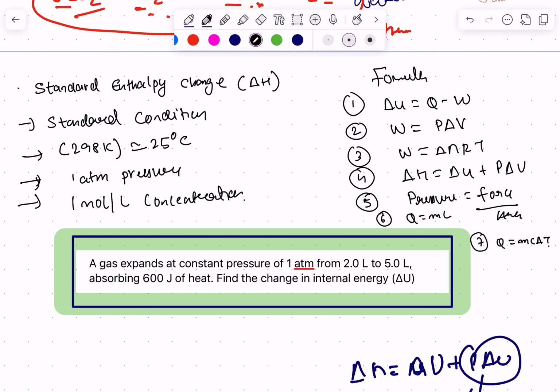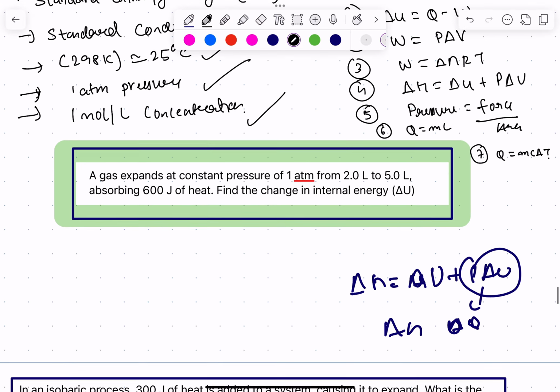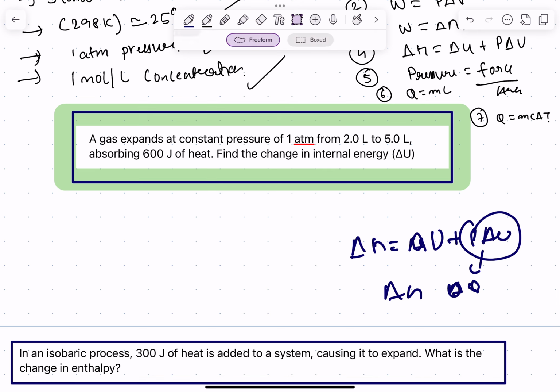Okay. Thank you. So for this thing, the standard conditions for enthalpy is the temperature is 25 degrees Celsius, the pressure is 1 atm, and the concentration is this. So there is a question for you guys. Solve it, and then we can move forward.